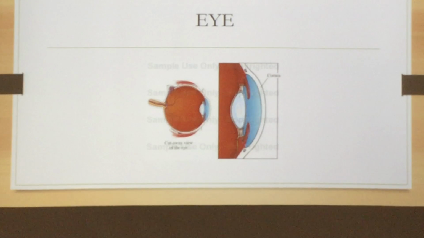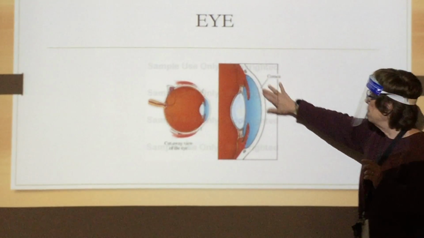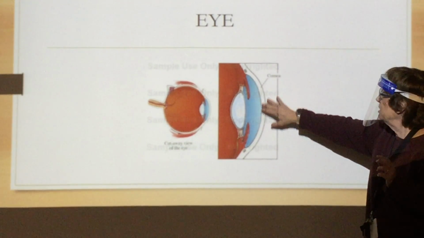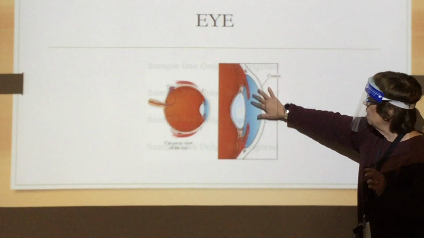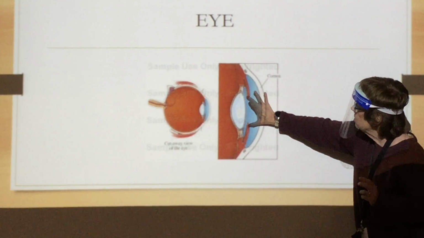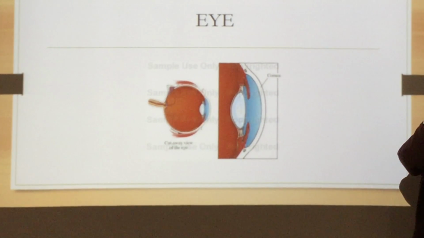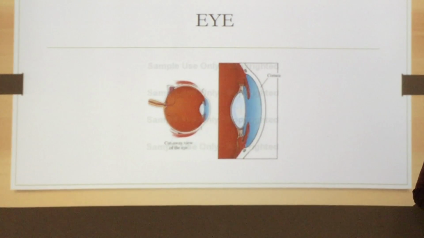And so that's pretty good to know. We pass through the cornea, pass through the anterior chamber, pass through the aqueous humor, and then there is a hole that either enlarges or constricts that's called the pupil. It will regulate how much light gets into the eye.